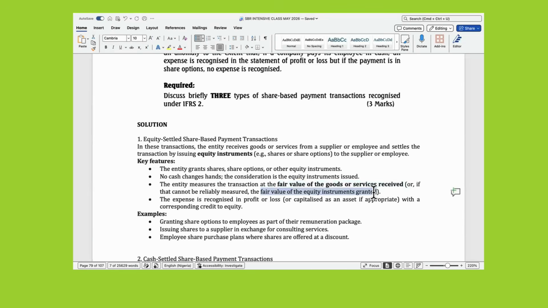And the way it is recognized in the books is that you recognize the value in P&L, and the other leg will go to equity. That's how we recognize it in the books, P&L and equity.